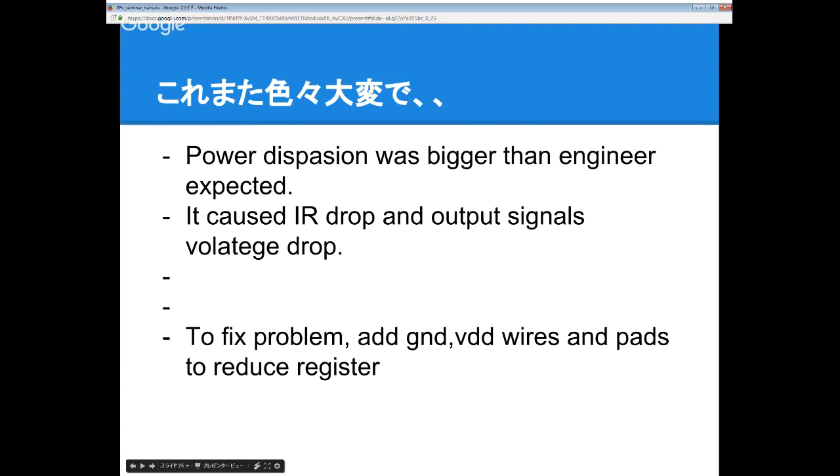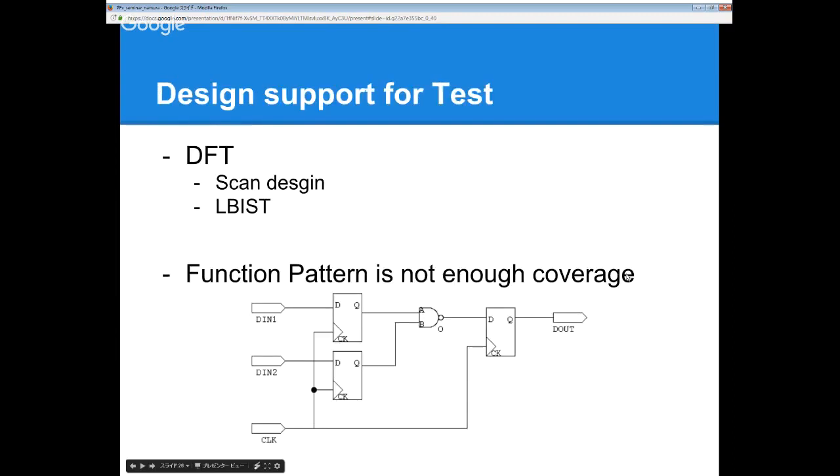Okay, so this one is the next project I joined. After this project, I did some work related to DFT, design for test. DFT is design for test. Actually, when we make a chip, we need to test whether the chip was made correctly or not.